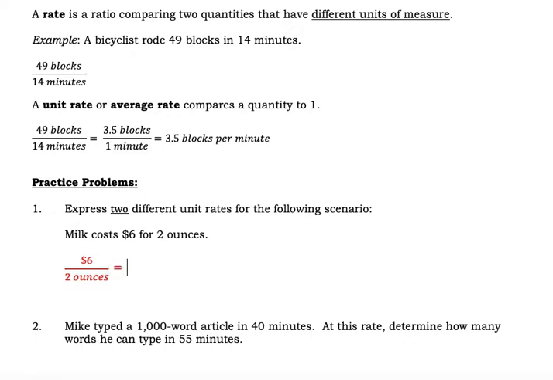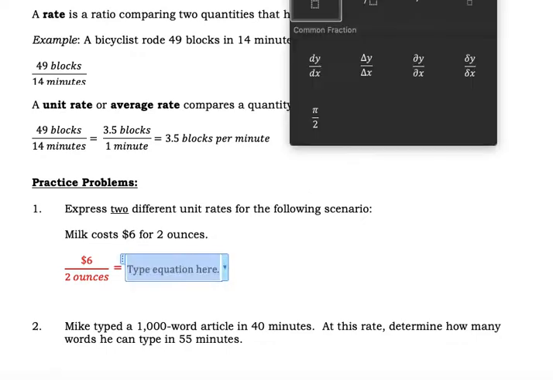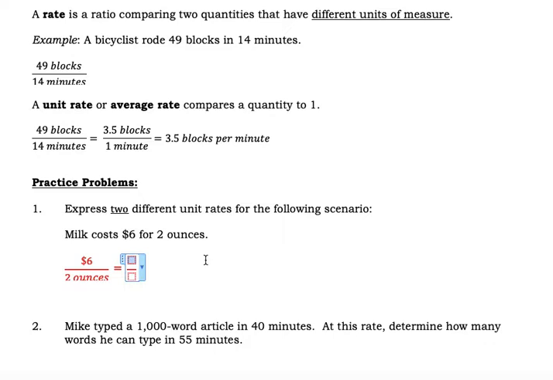So if I want to express it as a unit rate, I'm just going to divide. 6 divided by 2 is 3, right? And 3 is the same as 3 over 1. You want to make sure you keep the units consistent. So at the top, I had dollars. At the bottom, I had ounces. So my unit rate is $3 per ounce.